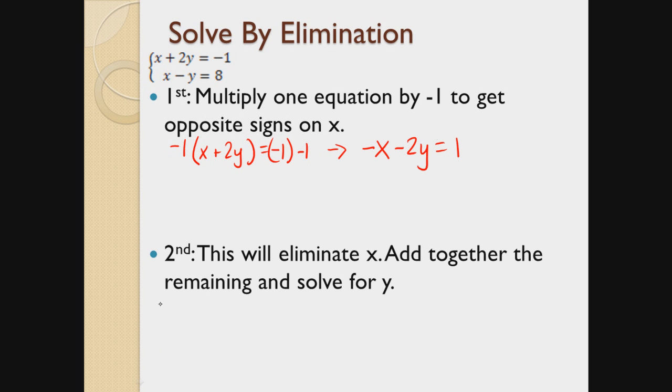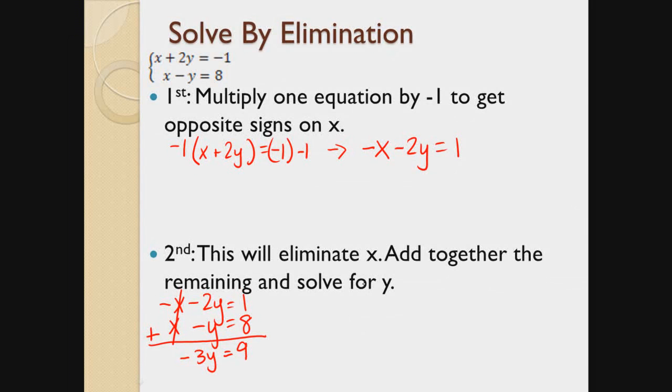So we take our first equation and our second equation. And now we can eliminate x. Negative x plus x makes 0. Negative 2y plus negative 1y makes negative 3y, which equals 1 plus 8, making 9.